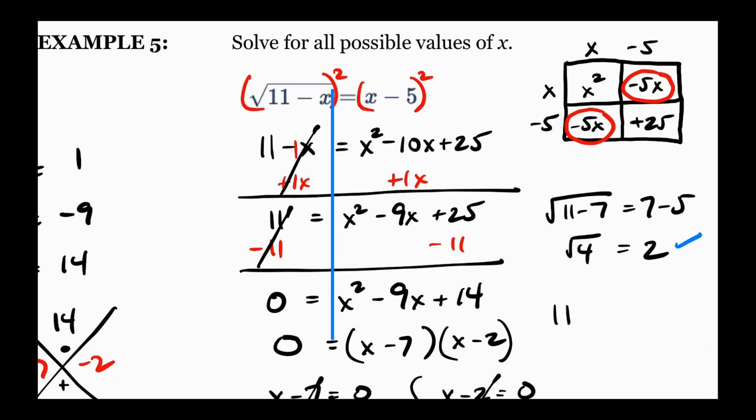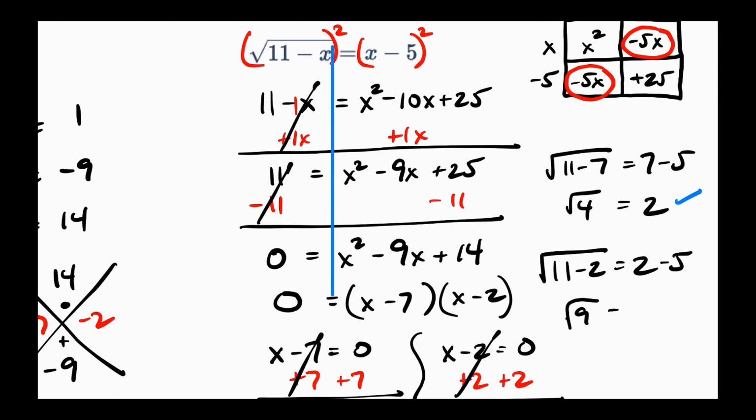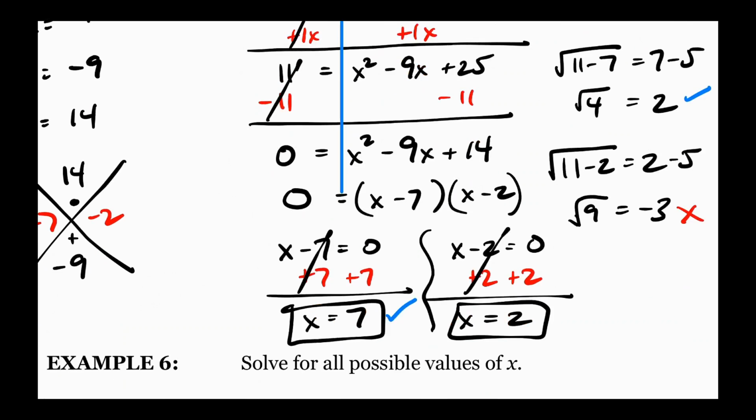So when I plug in positive 2, I get the square root of 9 equal negative 3. Is the square root of 9 equal to negative 3? No. That one's not a verified answer. That's extraneous. So 2 is an extraneous solution.